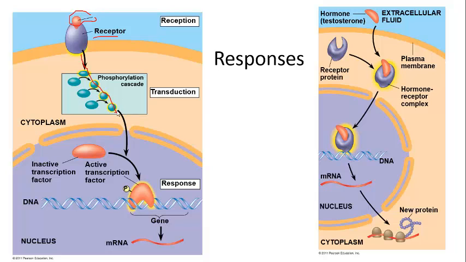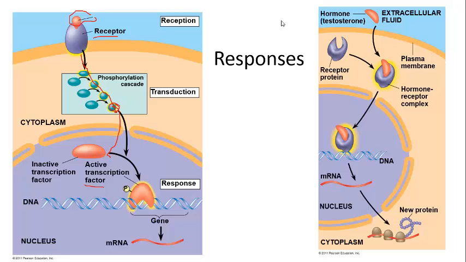And the last protein that gets phosphorylated is going to enter the nucleus and it's going to work as a transcription factor. Transcription factors activate genes. They turn genes on and begin the process of transcription. Transcription is going to lead to the production of a protein.